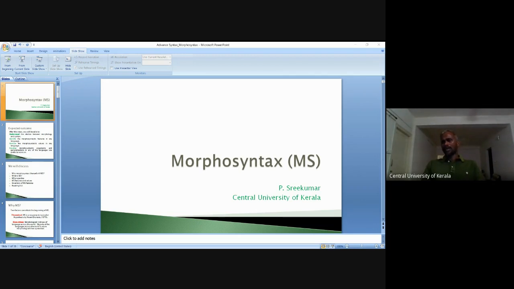Not so new, though; from 1917 you can see the development of morphosyntax. Traditional grammars across the world must have treated the relation between syntax and morphology in different aspects, but it was not conceptualized as morphosyntax as we do today.